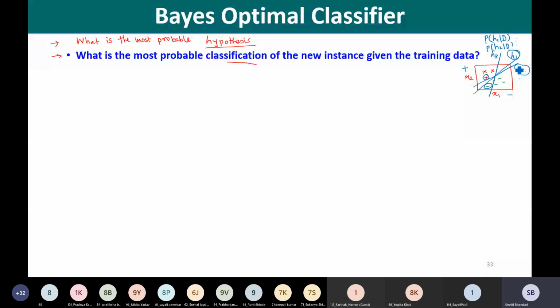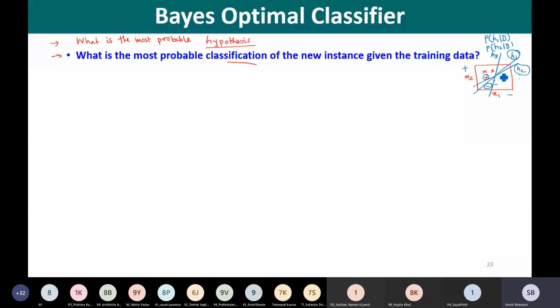If I pick this H2, then this instance will be classified as negative. But if I pick this H3, this instance will be classified as positive, even though it is negative. Right? So depending on whichever hypothesis we select, the test sample is being classified.